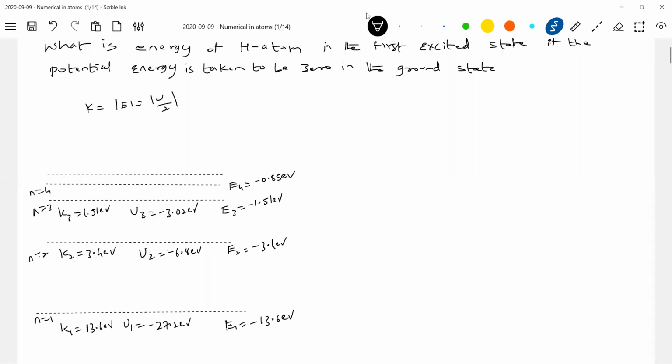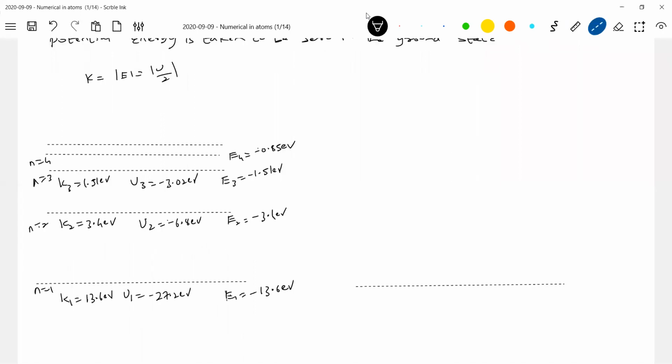I am going to modify this atomic structure so that the potential energy in the ground state should become 0. To make the potential energy in the ground state 0, definitely I am going to add energy of 27.2 electron volt to each state.